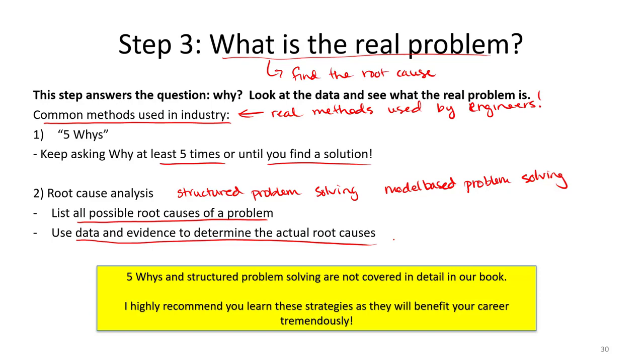So you try to use data to determine which of these are true root causes, which can I eliminate. These are excellent strategies to learn. Let's look at a couple examples. First, let's start with 5 whys. So the idea with 5 whys is you keep asking why until you arrive at the root cause.